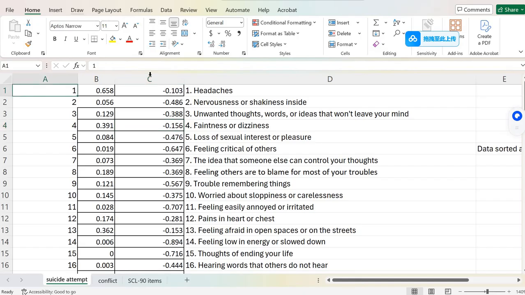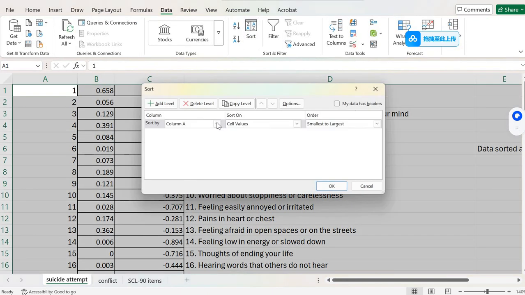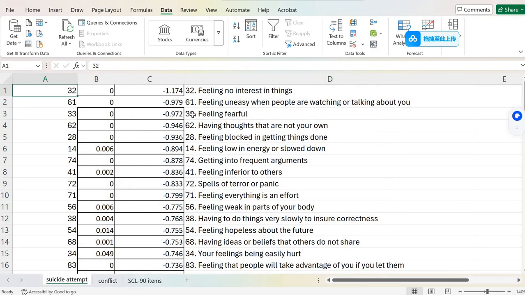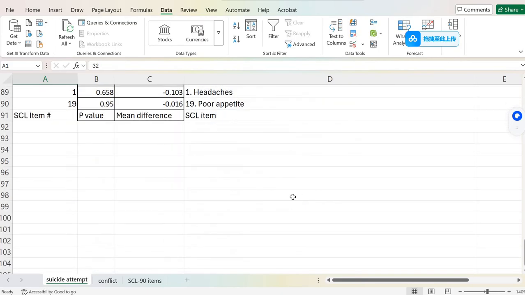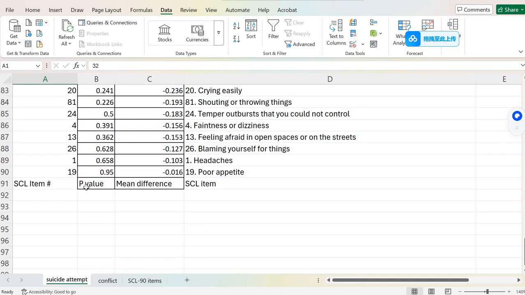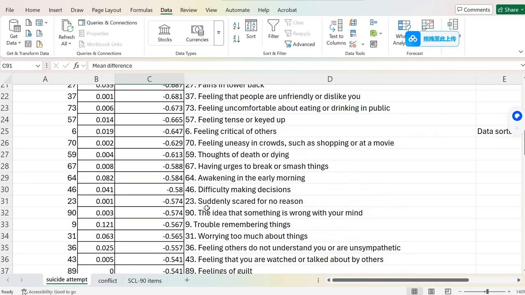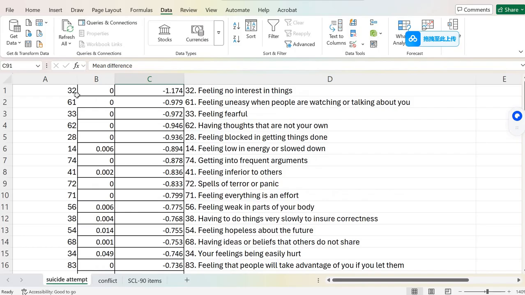Well, let's sort it according to column C. Alright, but now if I started according to column C, the labels are in the back. That's okay. I'm looking for the top 10 for suicide, top 10.